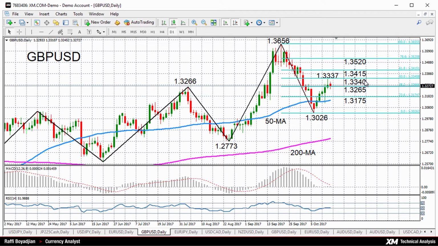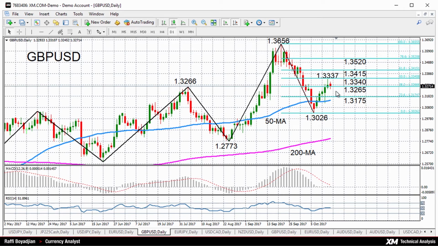We can see that at the moment resistance is coming from the 50% Fibonacci level of the down leg from 1.3656 to 1.3026. Above that we have the 61.8% Fibonacci at 1.3415, followed by the 78.6% Fibonacci at 1.3520. To the downside, we are seeing intraday support coming from the 38.2% Fibonacci at 1.3265.